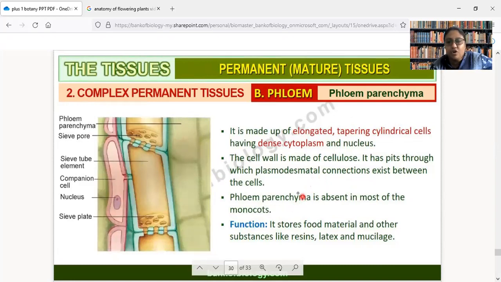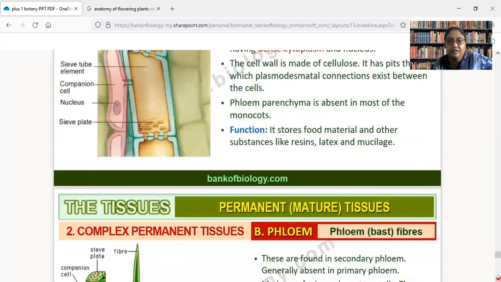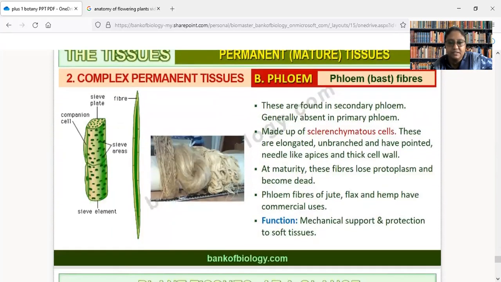In monocots, phloem parenchyma is generally absent. In dicots, they are present in high amount, and their main function is storage of food material. They also store other substances like resins and latex. For example, rubber is a latex, and gums and resins are what we obtain from plants.